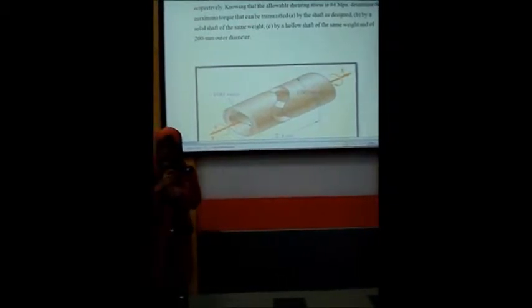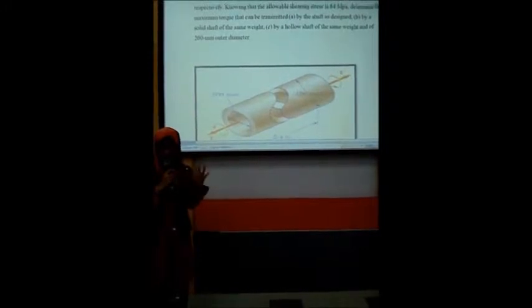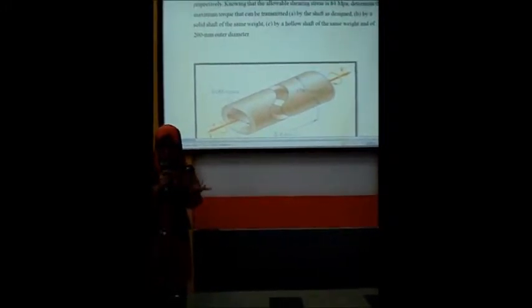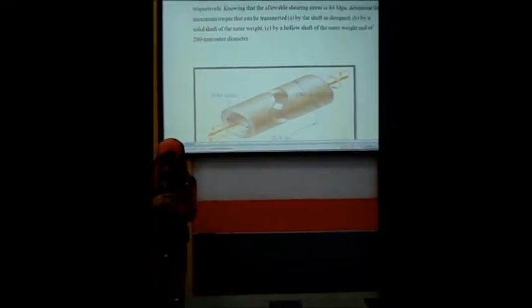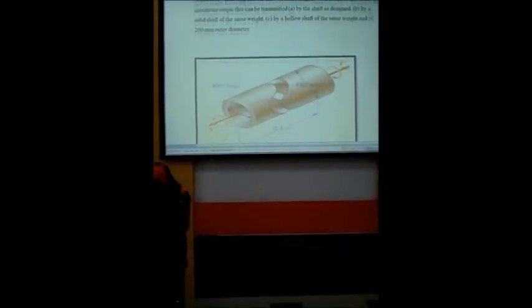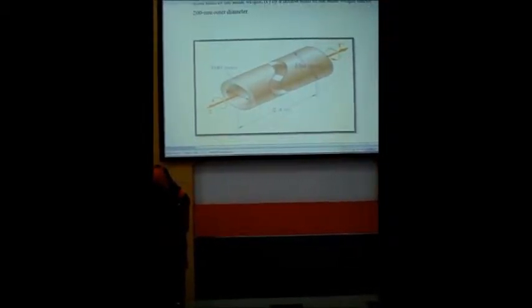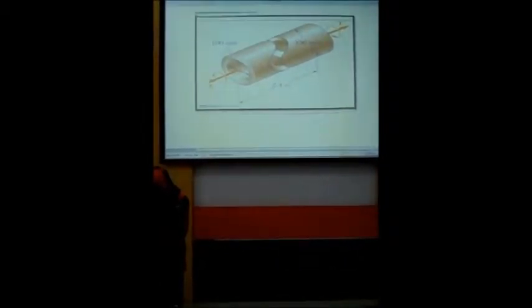Knowing that the allowable shearing stress is 84 MPa, determine the maximum torque that can be transmitted (a) by the shaft as designed, (b) by a solid shaft of the same weight, and (c) by a hollow shaft of the same weight and of 200 mm outer diameter. We have to answer 3 questions from the sample problem.